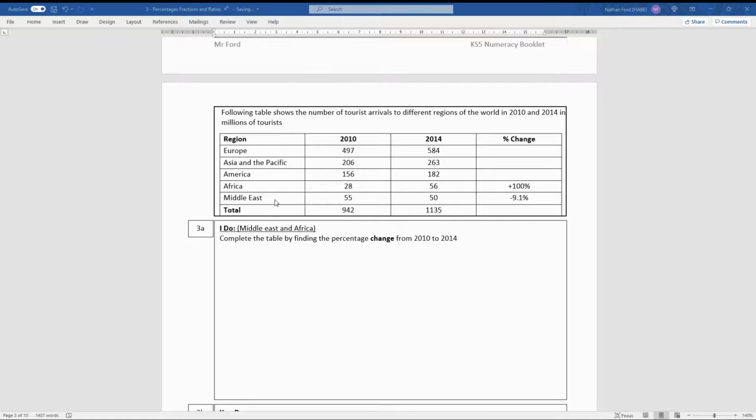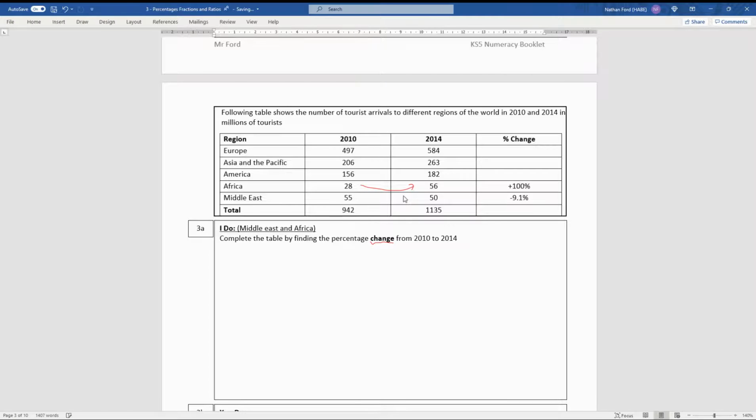I'm going to show you how we get these values here for the Middle East and Africa. For percentage change, we want to look at how much it has changed. It started here and it's gone here. How much has this increased?